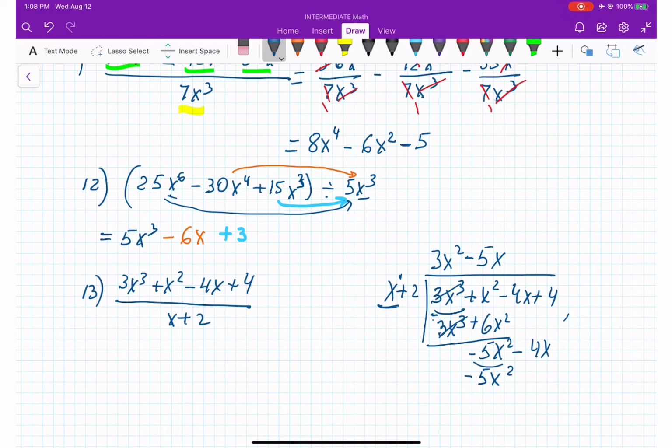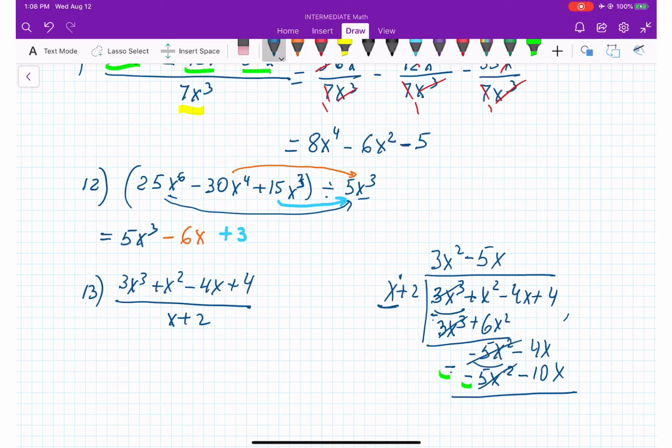Negative 5x times 2 is going to be negative 10x. Minus. So if I do minus negative 5x squared, this negative with this negative will become positive. So we get negative 5x squared, positive 5x squared, which means they cancel each other, getting 0.